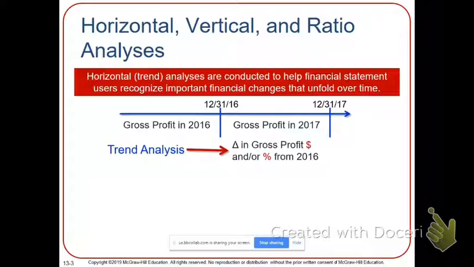So, for example, gross profit is what they're looking at. So how does our profit look from this year to last year? At the college, we look at head count. So, for example, we're not looking at money. We're looking at how many students are in the seat. Right now, we are 18% down in student enrollment for the fall compared to last year at this exact time.